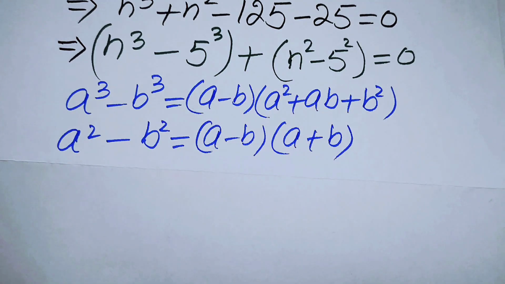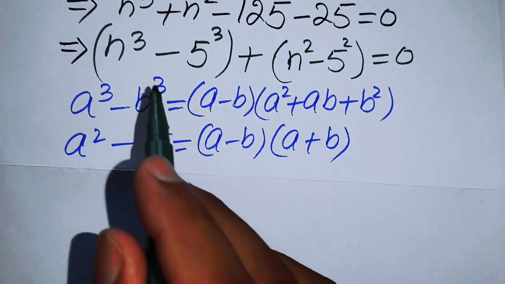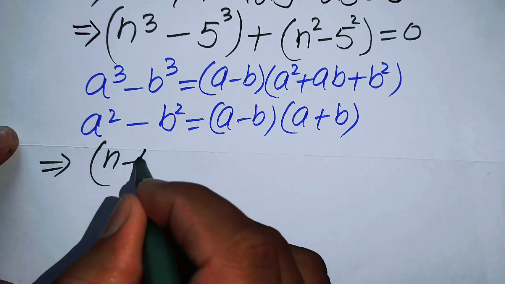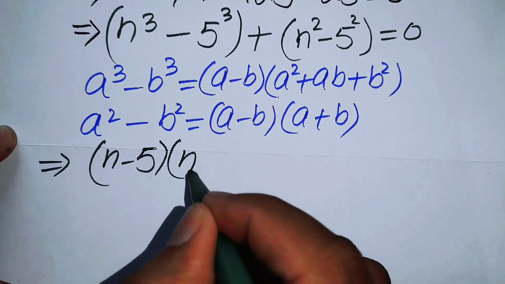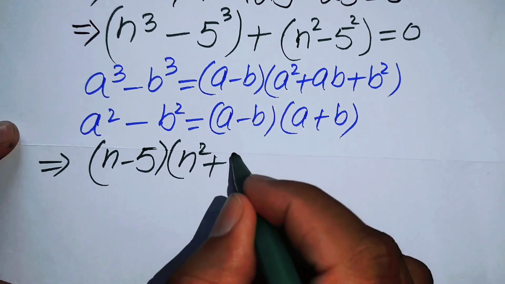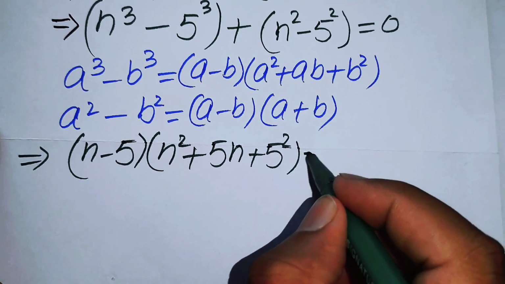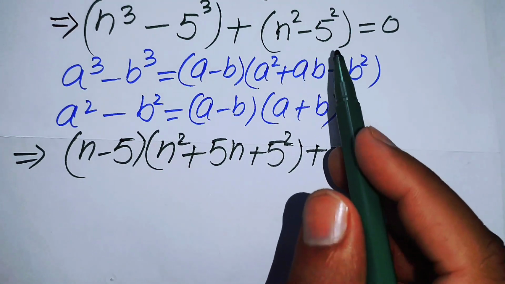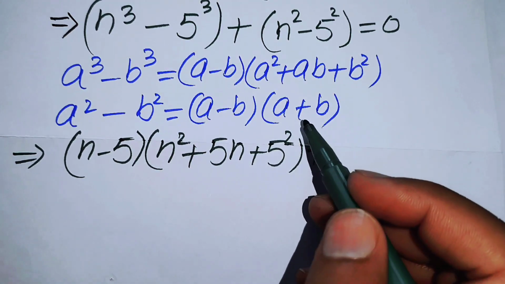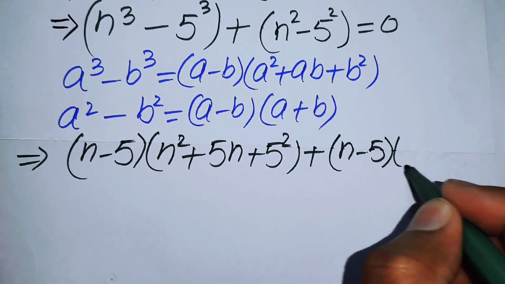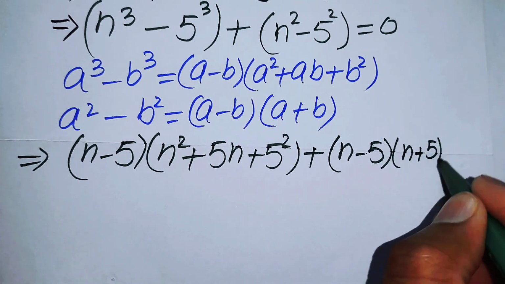So first I can use the cubic formula, so this term will be written as n minus 5 times n squared plus 5n plus 5 squared, and plus here you have n squared minus 5 squared, and here you can apply the square formula, so it will be written as n minus 5 times n plus 5.